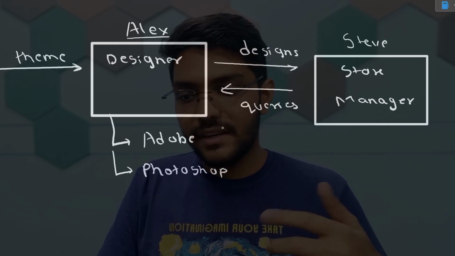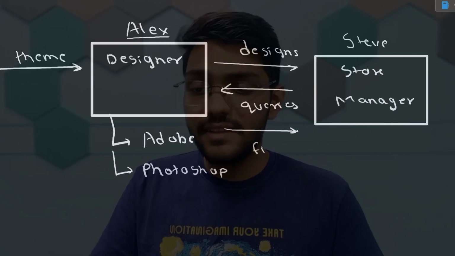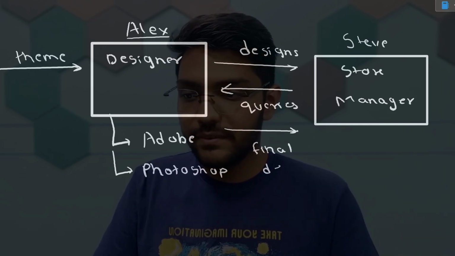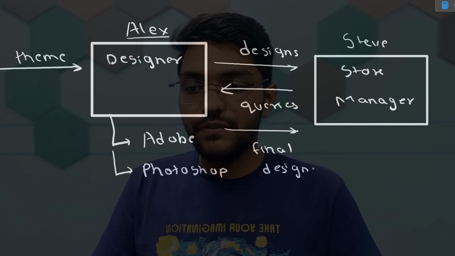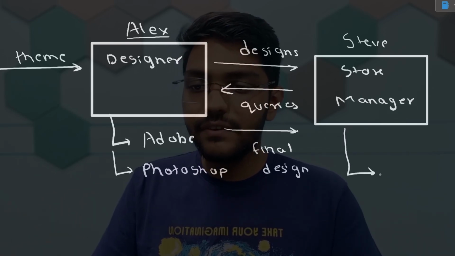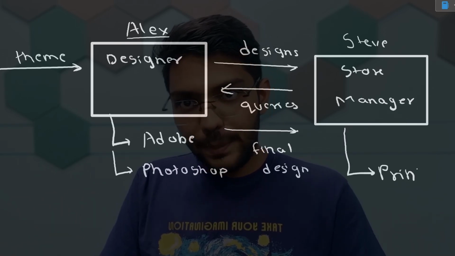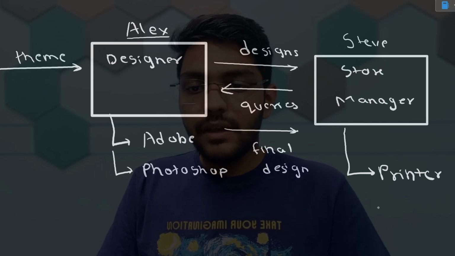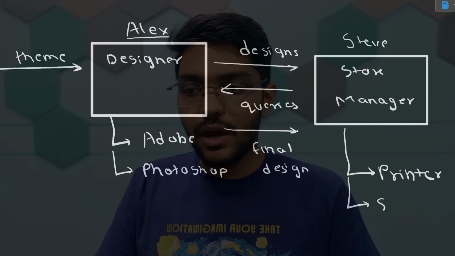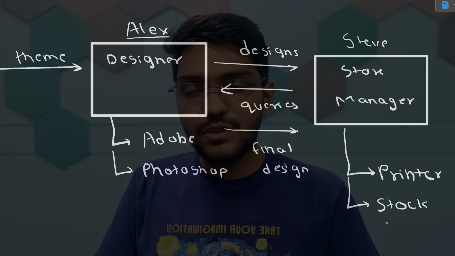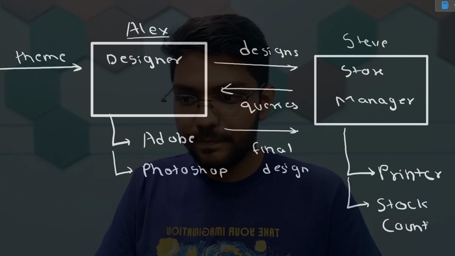She then makes the necessary updates and sends the revised design back to Steve. Once the finalized design is sent to Steve, he uses a printer to print the t-shirt design. He also manages the stock count, keeping track of the stock and updates of the inventory.